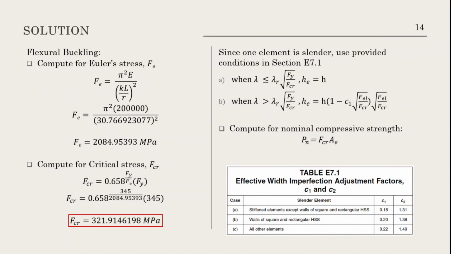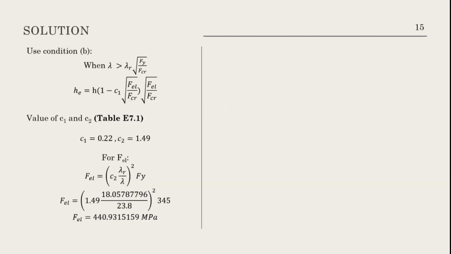So our problem is not on case A as well as case B, because case B is only applicable to walls of square and rectangular HSS. So for T-shape, we will use case C for both the flange and stem of the T. But in this case, we will only deal with the stem of the T because that is the only slender element of our problem.